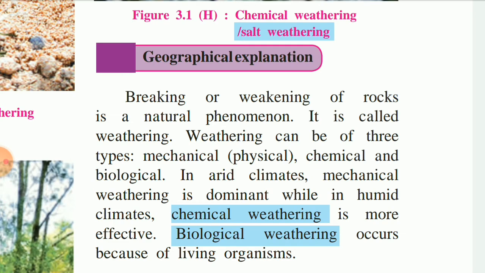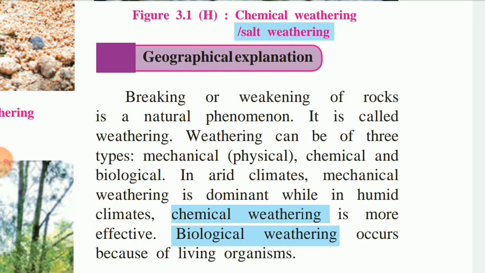So we have already seen these types in pictures: three pictures of mechanical weathering, three pictures of chemical weathering, and two pictures of biological weathering. So how does this take place?